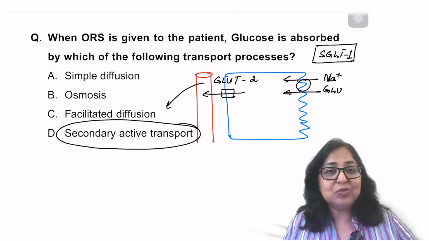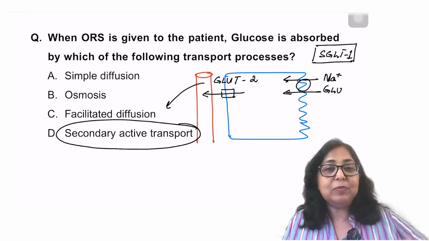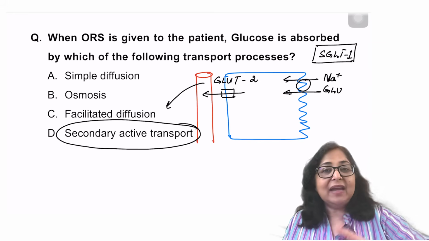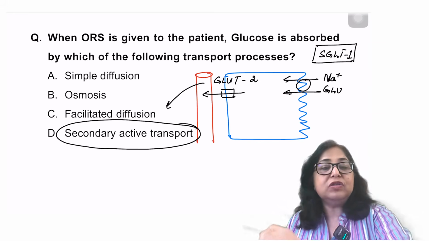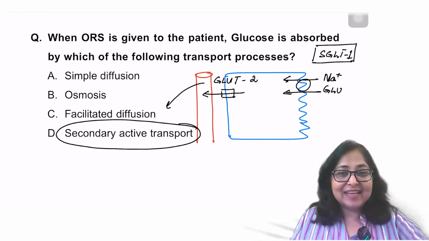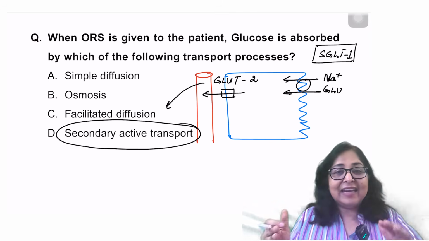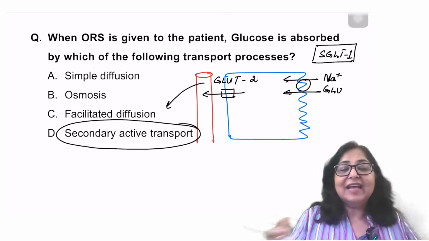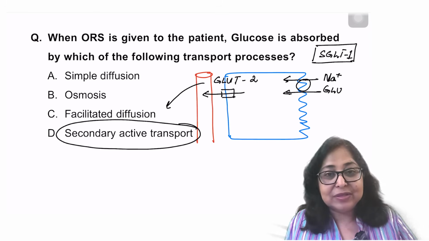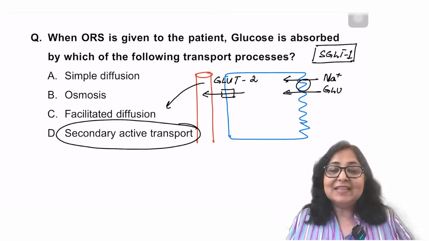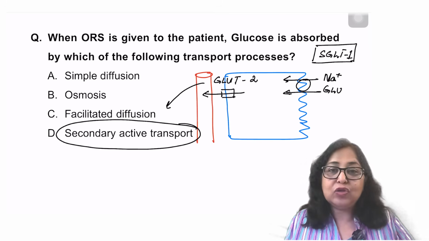Then why did I choose secondary active co-transport? Because please remember, the mechanism for absorption of glucose from the lumen into the cell is secondary active co-transport. It's only once it reaches the cell and it has to be transported into the blood that GLUT is used. So my best answer, secondary active co-transport.